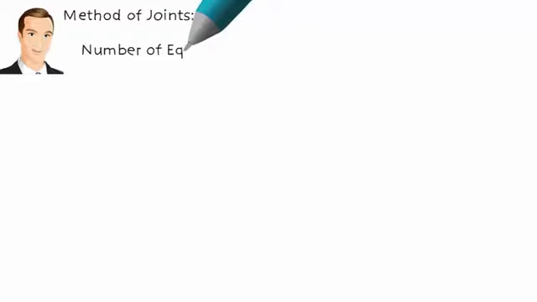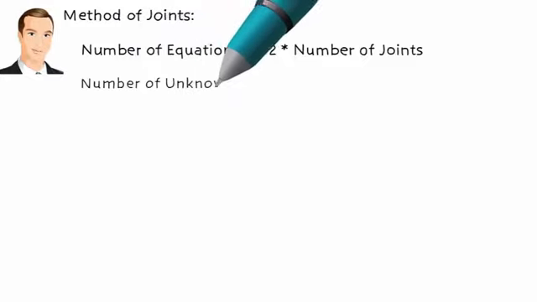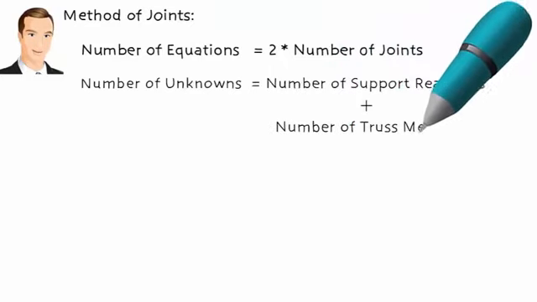Sometimes, we may be able to determine if a truss is unstable by counting and comparing the number of equilibrium equations with the number of unknowns. Recalling the method of joints, the number of joint equilibrium equations in a truss equals 2 times the number of joints. And the number of unknowns equals the number of support reactions plus the number of member forces.